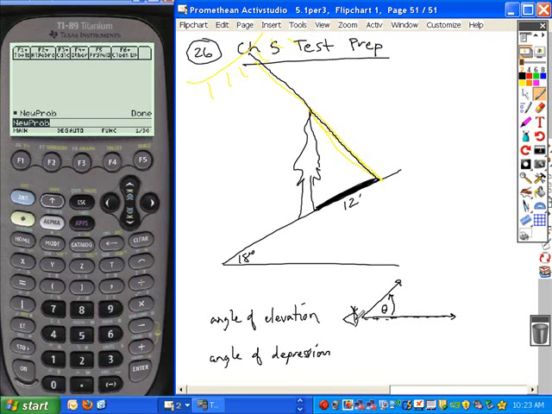An angle of depression would be if your eye was up high and it moved down to view something. Then this would be the angle of depression. I'll call it D. Depending where you are, if you're on the ground looking up, it's angle of elevation. If you're up looking down, it's angle of depression. And it's all based on the horizon, or a horizontal line.